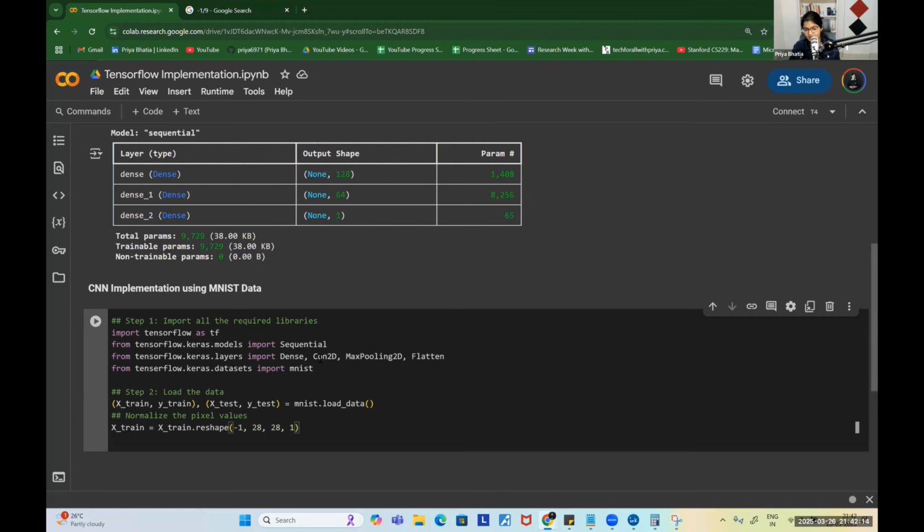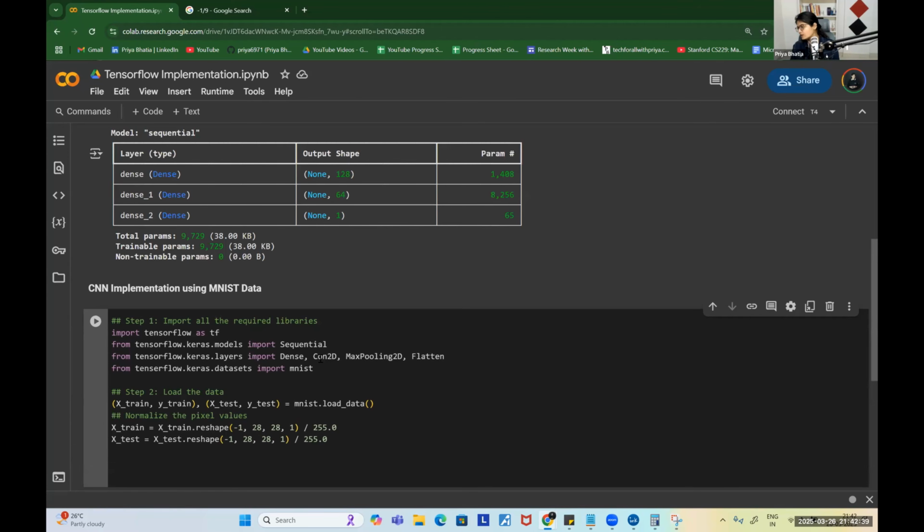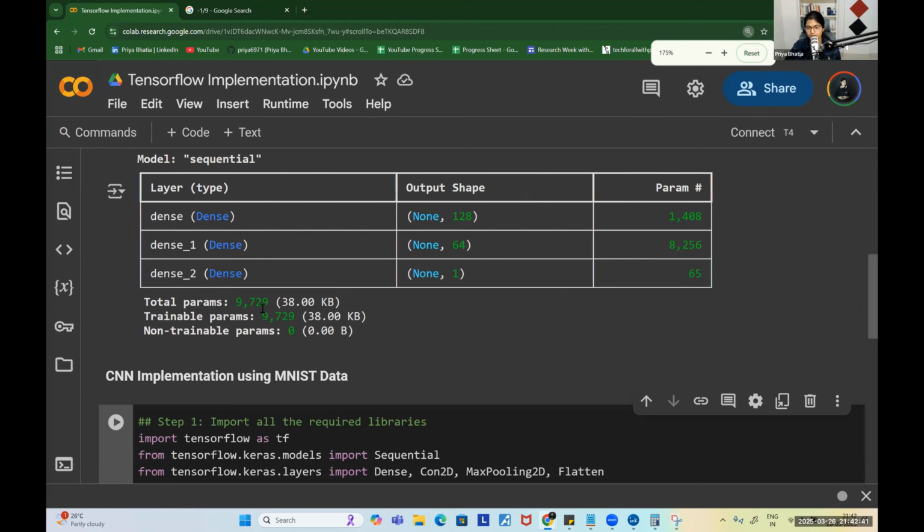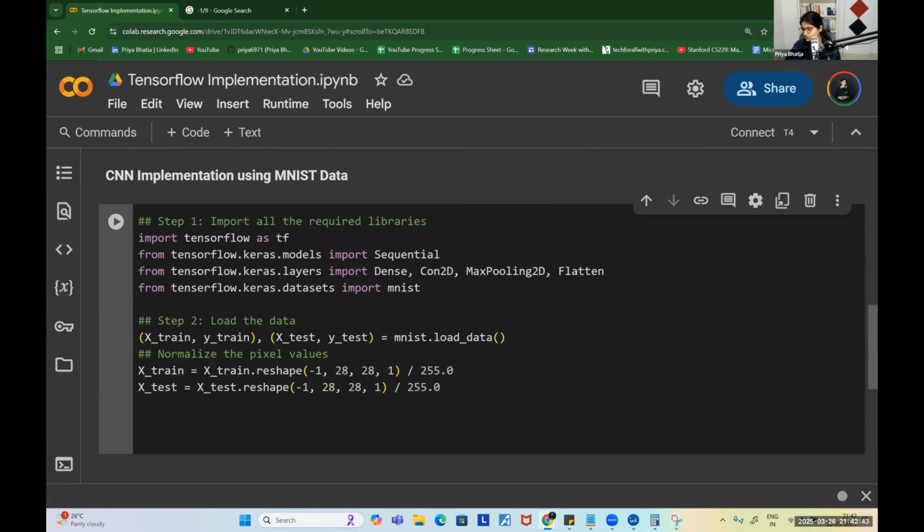Now I will talk about what all these values indicate, but for now just take it as it is, and I'm dividing it by 255.0. Similarly, do the same step for X_test, where you will say X_test.reshape(-1, 28, 28, 1) divided by 255.0. Just do this much.